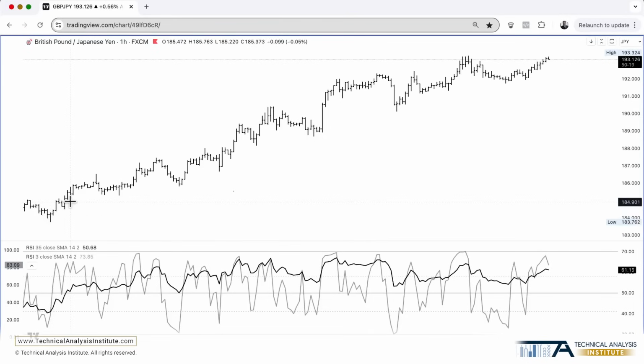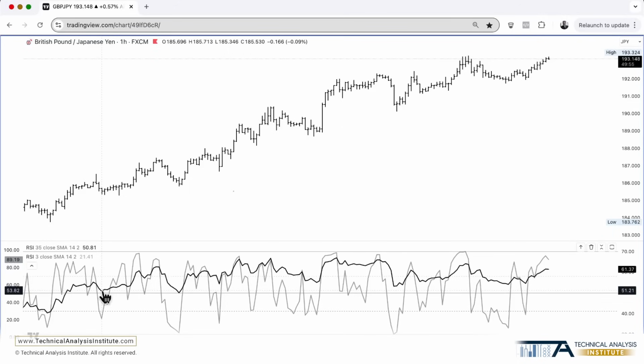So here we can see as prices are moving up, the RSI 35, the black line, penetrated the 50 line. And now when prices started moving down, the RSI holds above the 50, meaning that this is an uptrend.